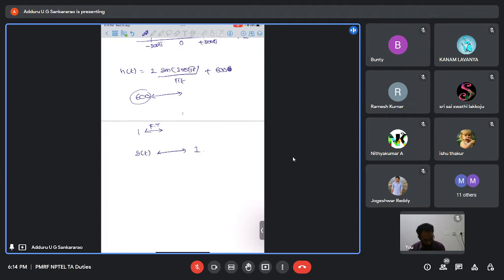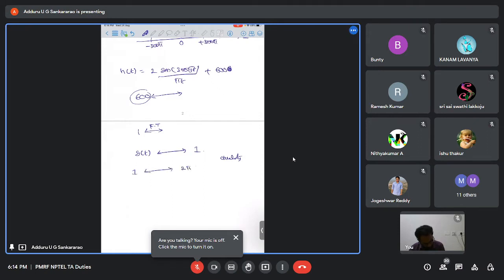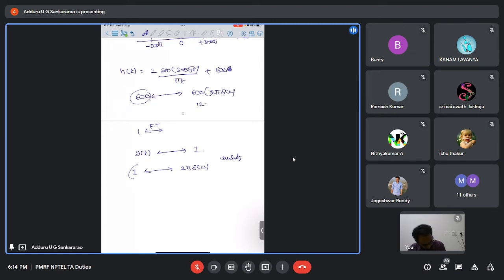If you apply the duality principle for this, then the Fourier transform of 1 is 2 pi del of omega. Similarly, in this case 600, its Fourier transform is 600 into 2 pi del of omega, so 1200 pi del of omega. This is the Fourier transform of 600.